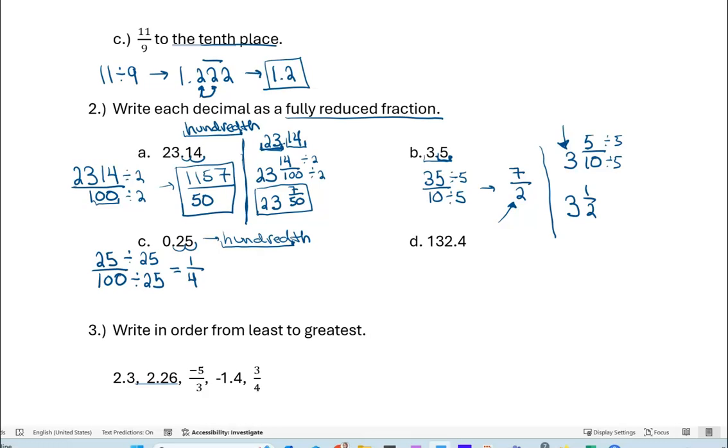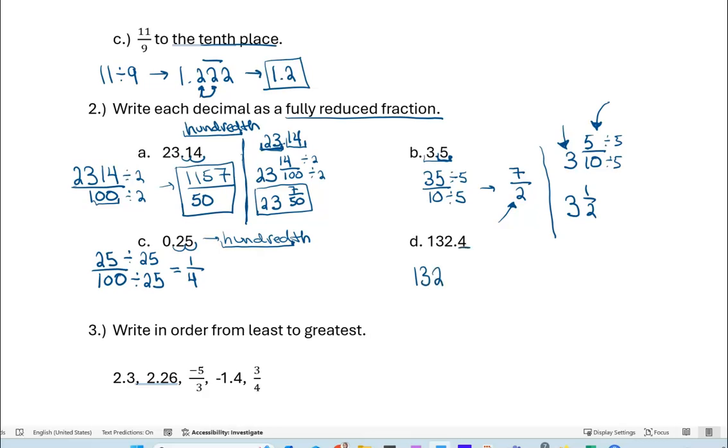Okay, D, the numbers are getting bigger, but that doesn't change the process. So I said for this one, I'll just go ahead and go straight to this method, right, where I just pull the whole number out and deal with the number to the right of the decimal as the fraction. So here I have 132.